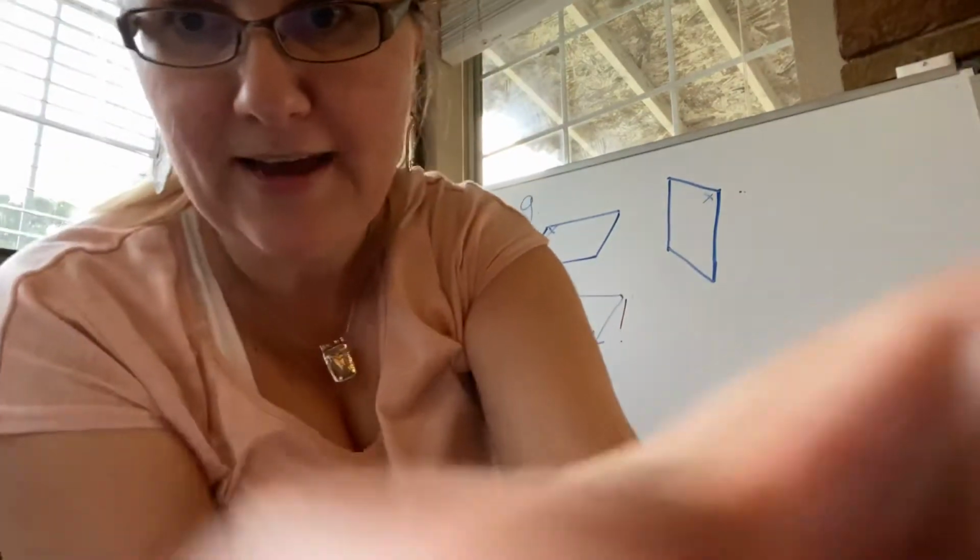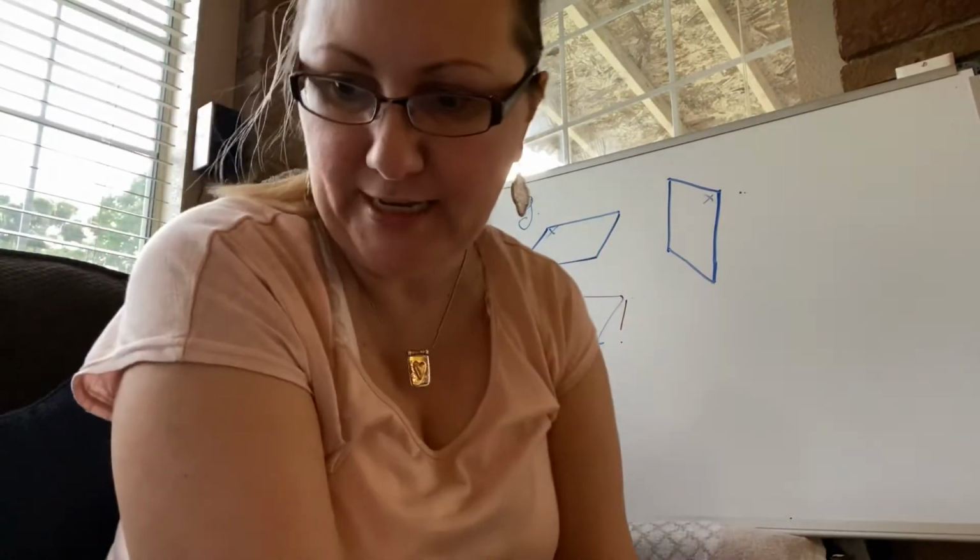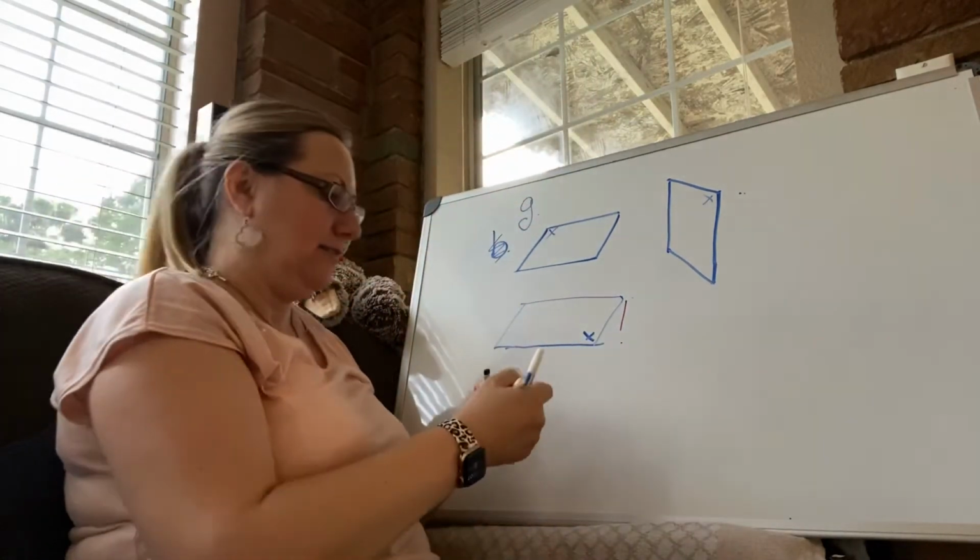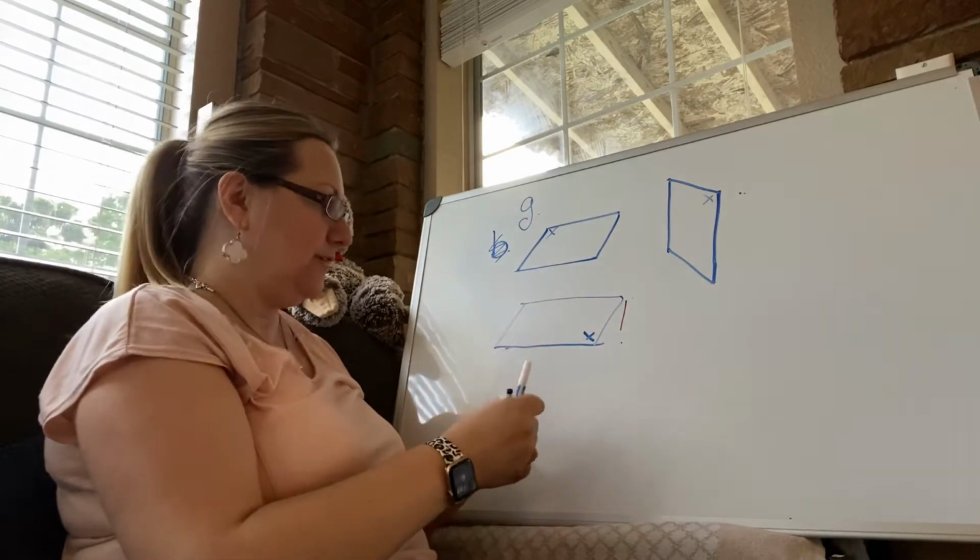Let's see, no, I'm sorry. Letter A does not have rotational symmetry. Letter B, we just found, did have rotational symmetry. Yes, letter C does have rotational symmetry. But what about letter D, which is the W? Does the W have rotational symmetry?